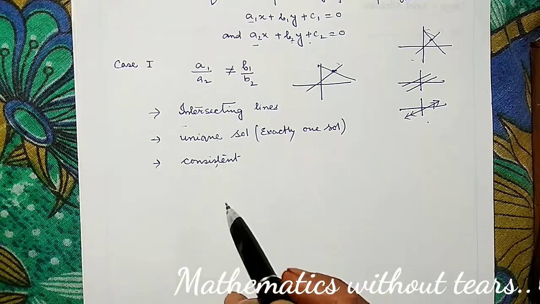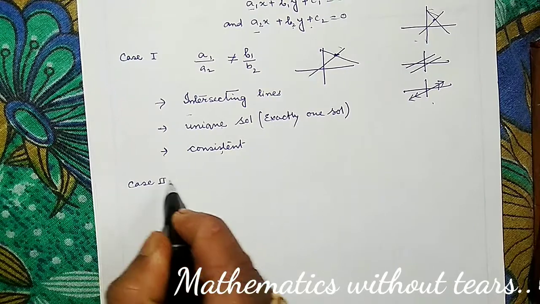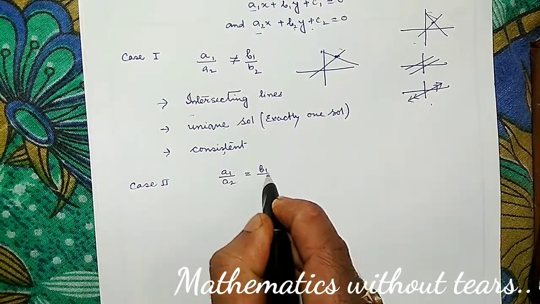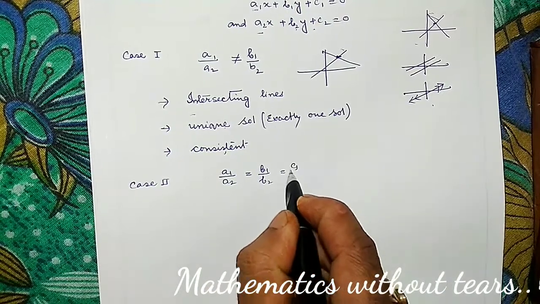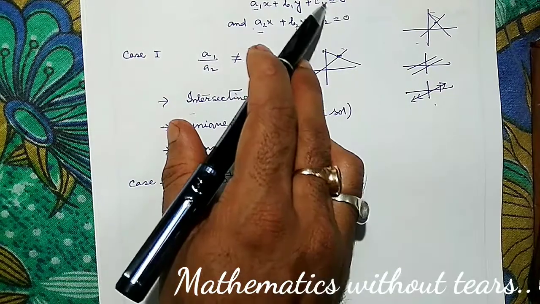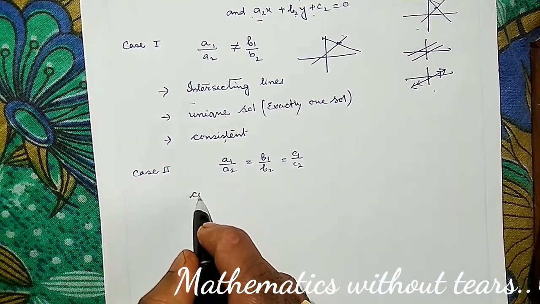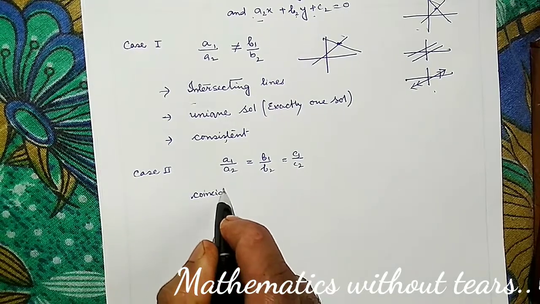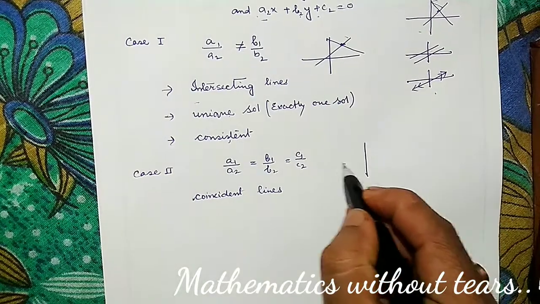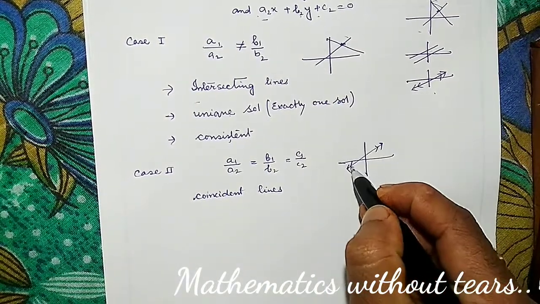Now let me explain the second case. Case 2: if a1 by a2 equals b1 by b2 equals c1 by c2, that means the ratio a1 by a2 equals b1 by b2 equals c1 by c2, then you are going to get coincident lines. The situation is something like this: suppose this is one line, the second line lies on top of it.